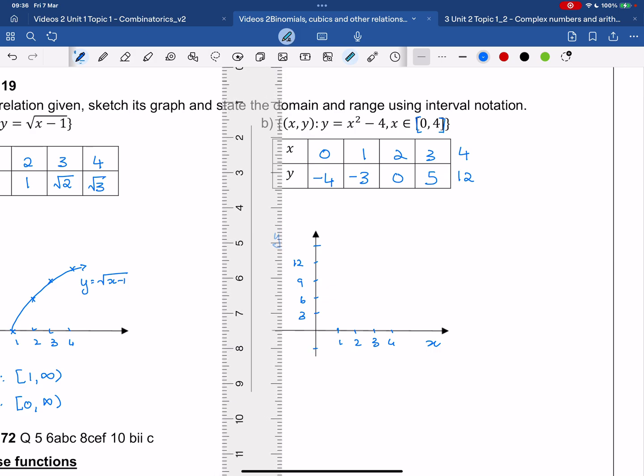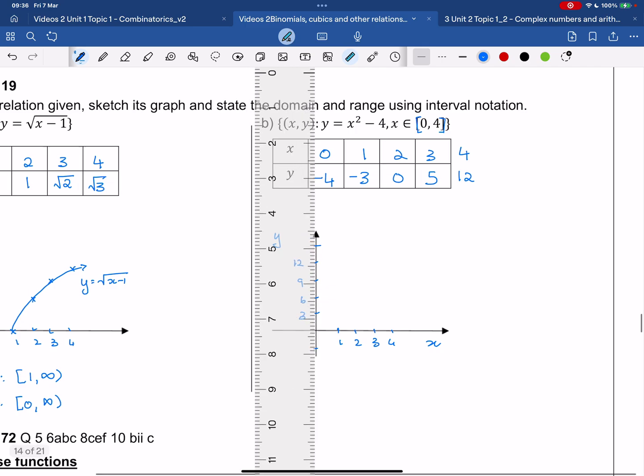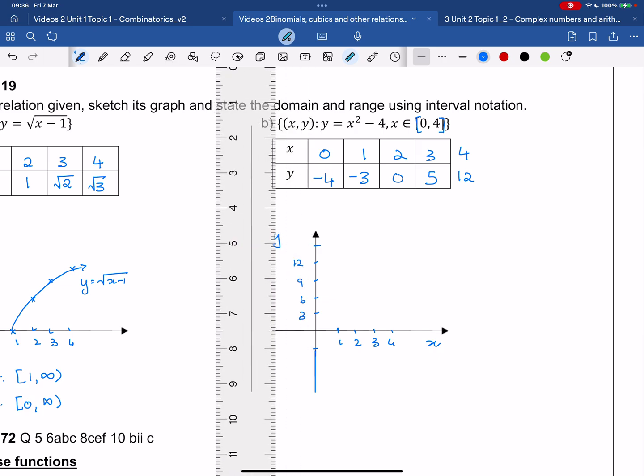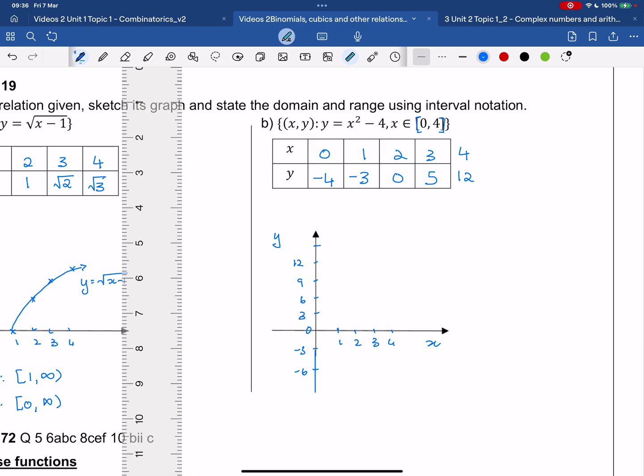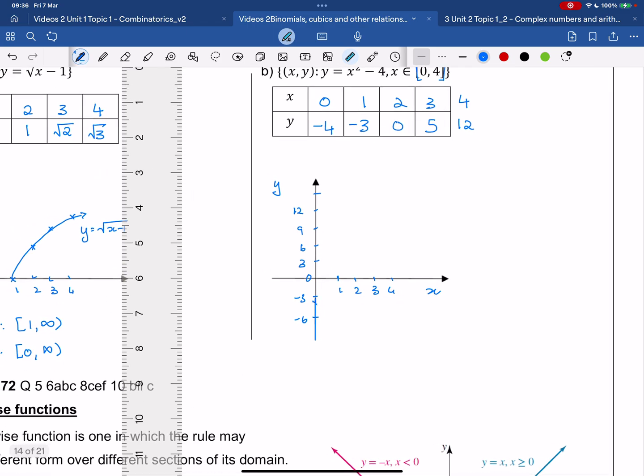So there's negative 3. I need to extend it. You might need to extend yours as well. There's negative 6. All right, so 0, negative 4. Then 1, negative 3. 2, 0, 3, 5, and 4, 12.